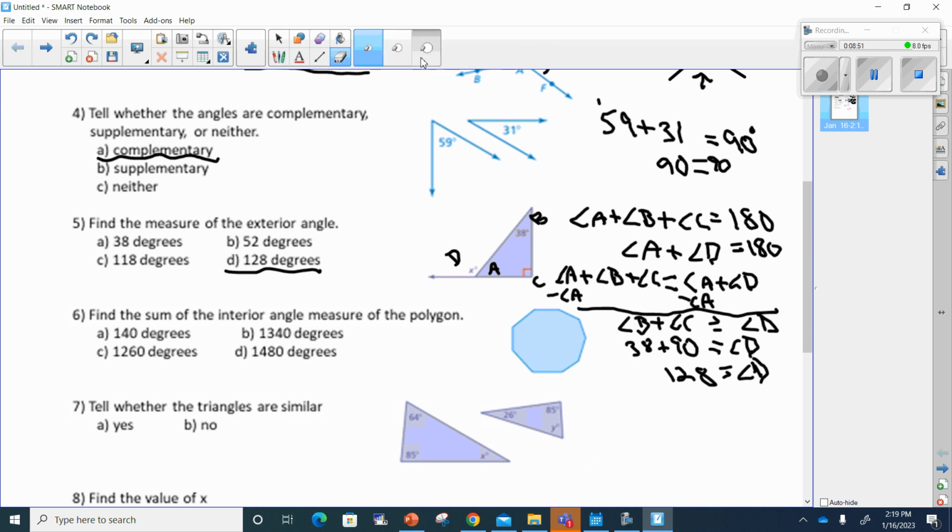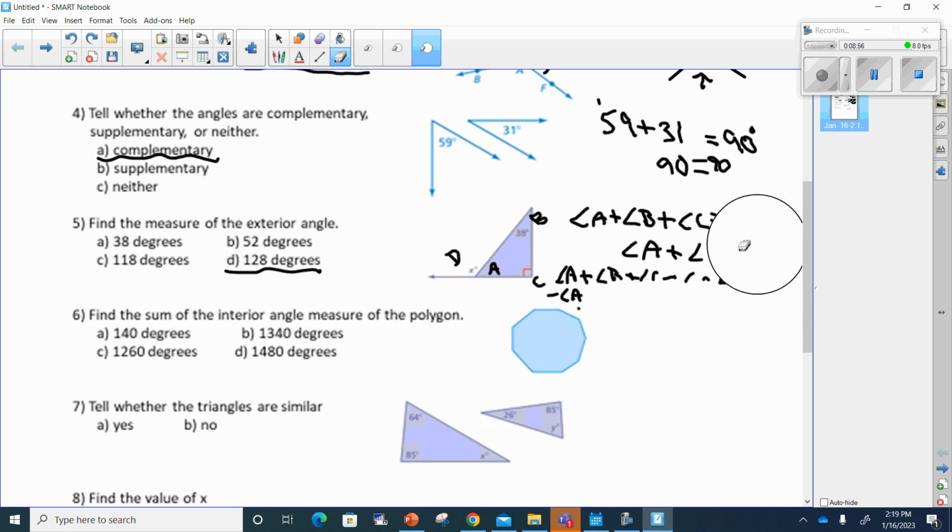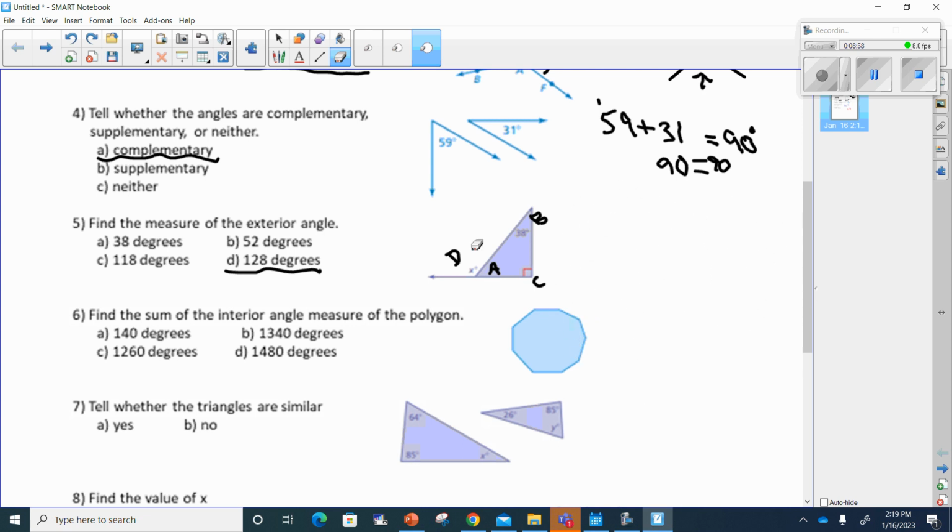All right, I'm going to erase this part over here so I've got room to work number 6 now. We're finding the sum of the interior angle measures of a polygon. For the sum, I have to remember I'm going to use my formula. The sum equals n minus 2, the number of sides minus 2, times 180.